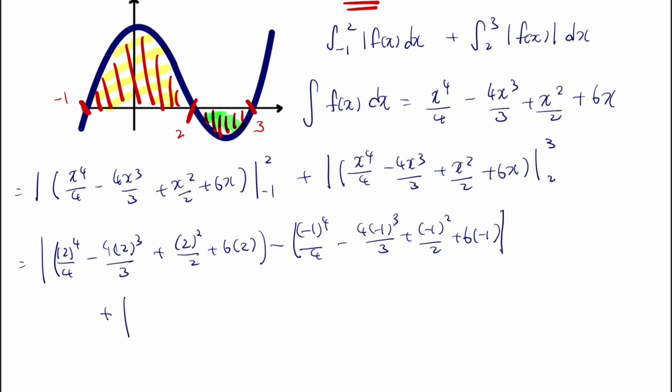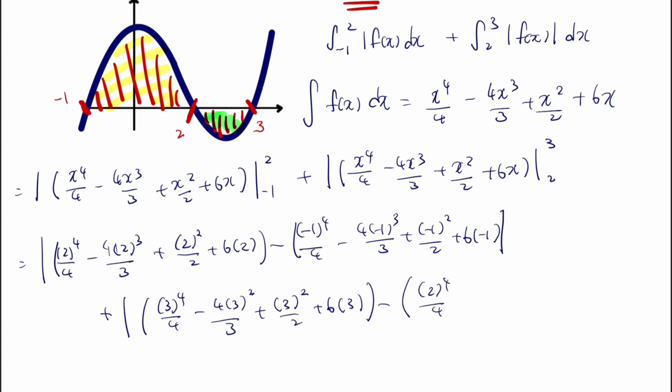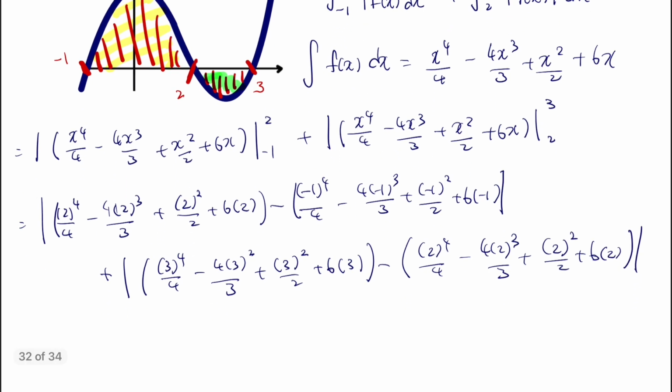And we do plus 3 to the power 4 over 4 minus 4 times 3 cubed over 3 plus 3 to the power 2 over 2 plus 6 times 3, minus 2 to the power 4 over 4 minus 4 times 2 to the power 3 over 3 plus 2 to the power 2 over 2 plus 6 times 2. Then this gives us the values 45 over 4 plus 7 over 12, which is equal to 71 over 6. So this is how you do it manually.